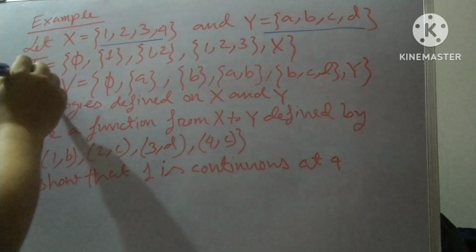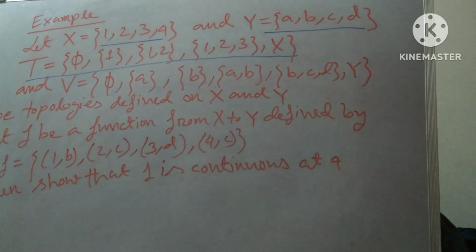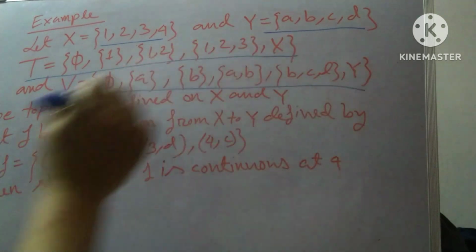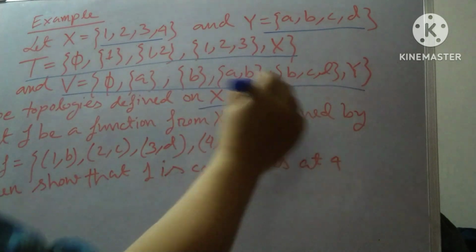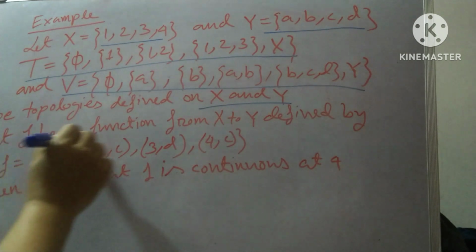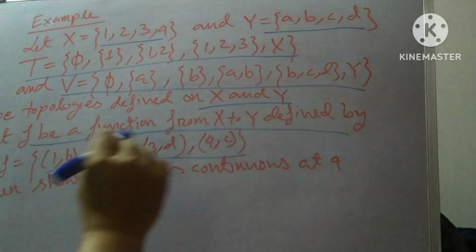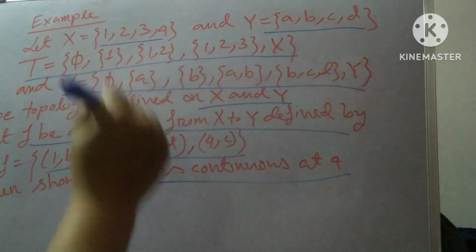T equals phi, {1}, {1,2}, {1,2,3}, X, and V equals phi, {a}, {b}, {b,c,d}, Y. So now the topologies are defined on X and Y, T and V, and f is a function from X to Y defined as 1 to b, 2 to c. This is the function. Is f continuous at 4? I have to check.